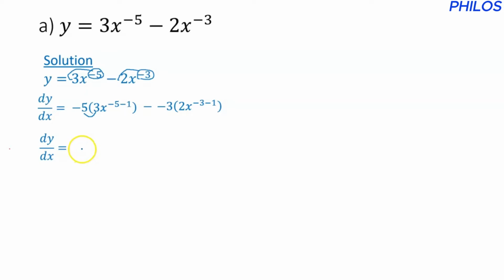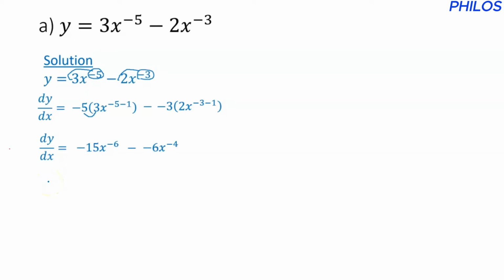So you will get negative 15x exponent negative 6. Then minus, this minus here, we repeat it. Then let's also work this one. Negative 3 times 2 will give you negative 6, isn't it? Then negative 3 minus 1 will give you negative 4. So that means negative 6x exponent negative 4.